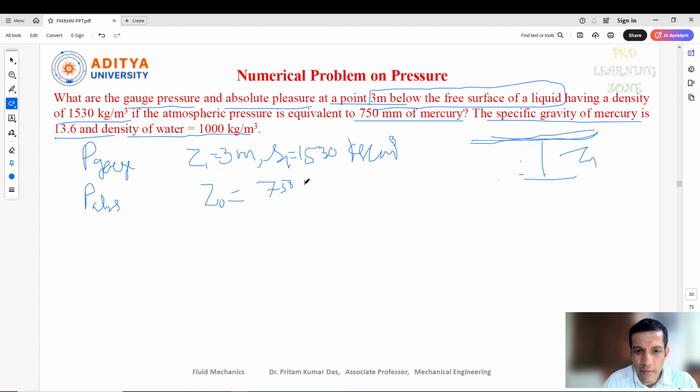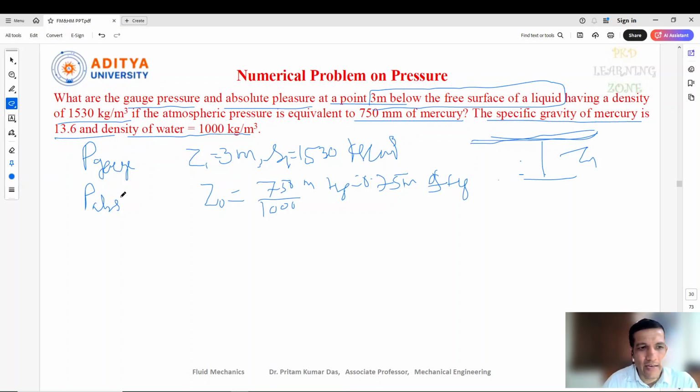So 750 mm, dividing by 1000 to get meters, is 0.75 meter of Hg. This is Z naught.